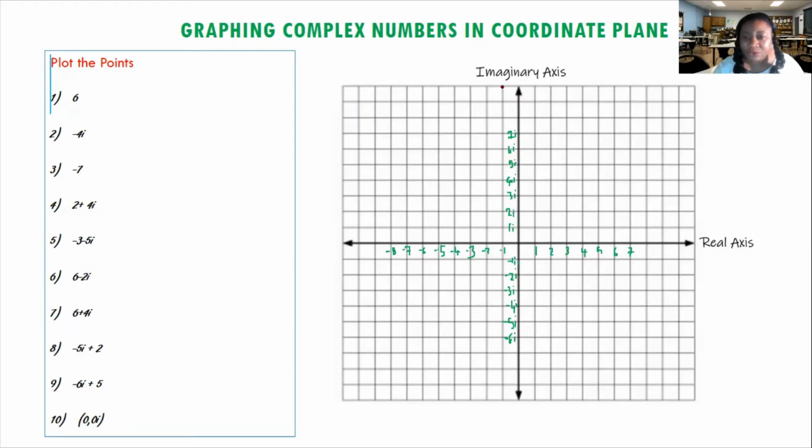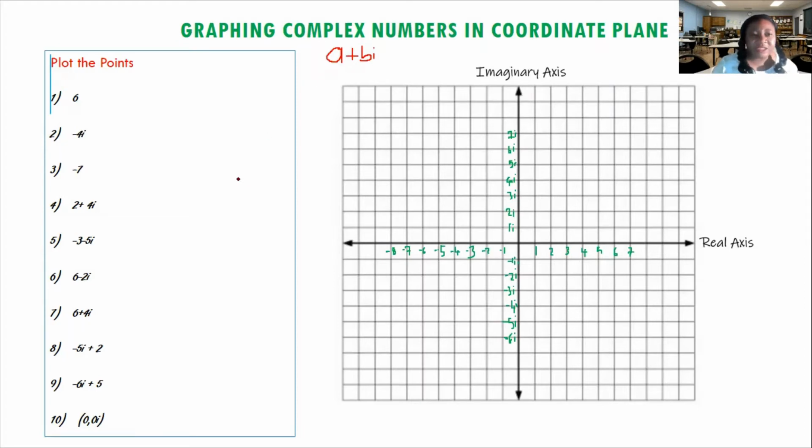for our imaginary axis. And this is coming from the complex system where we have a real number plus the imaginary number. So a complex number consists of a real part and an imaginary part. The label A represents the real numbers and Bi represents the imaginary numbers.